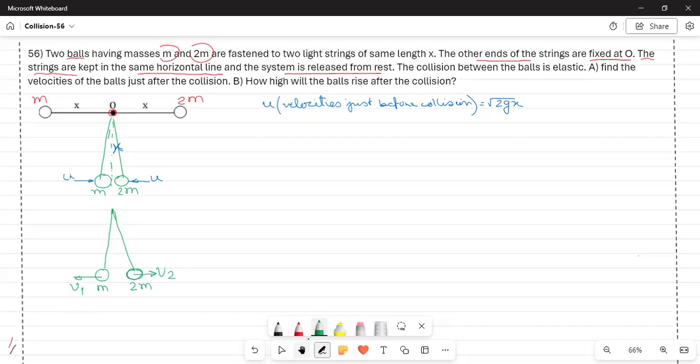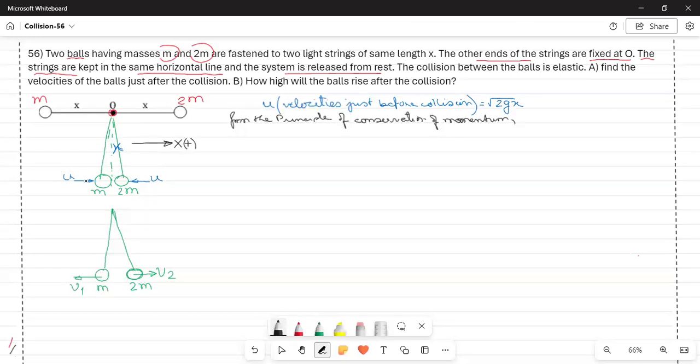So we can use the principle of conservation of momentum. Let us say this is the positive x-axis.